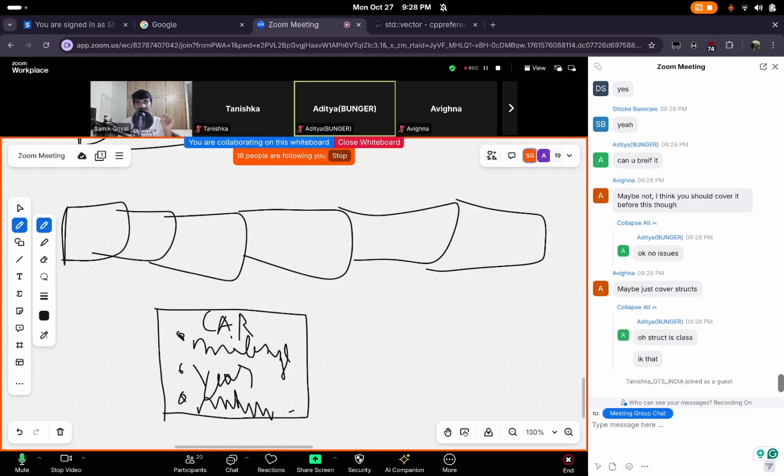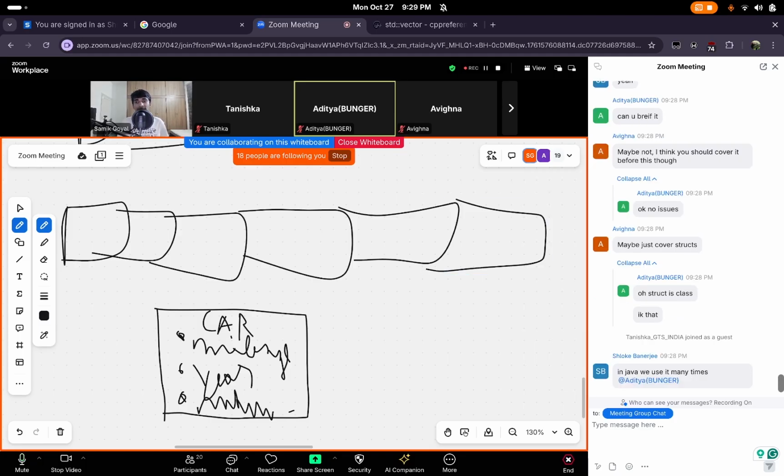Yes, structs and classes are the same. The only difference is that in structs, by default, the member functions are public. In classes, by default, the member functions are private. That is the only difference.